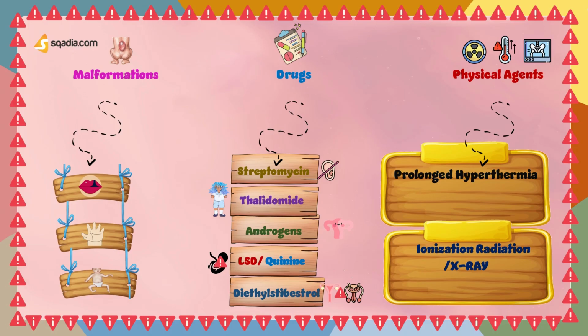Prolonged hyperthermia in early pregnancy can cause microcephaly, microphthalmia, neuronal migration disorders, and ionizing radiation and X-rays in large doses can cause microcephaly and ocular defects. Radiation also has mutagenic and carcinogenic effects.